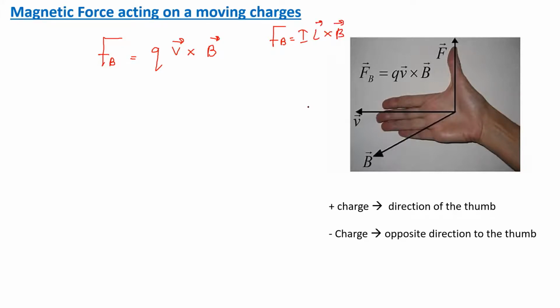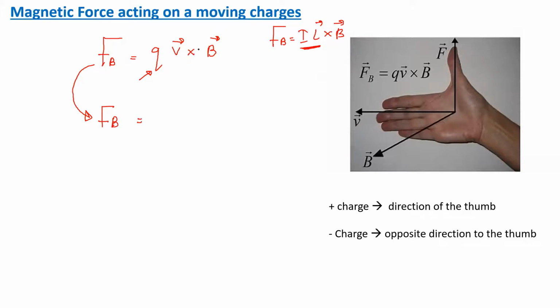We know for a moving charge we have a value for charge Q, and it needs to have a velocity to move, right? So the parameters for a charge are Q and V, just like length and I for a conductor. Okay. So can you tell me the equation that we can use instead of the cross product for this one?